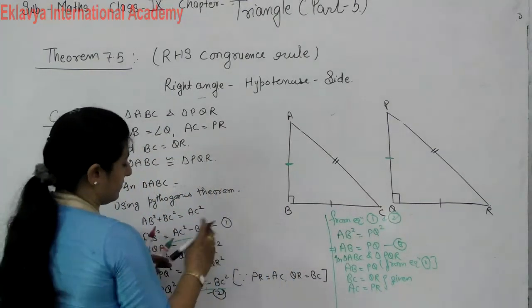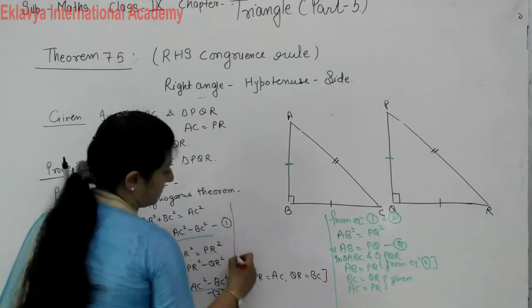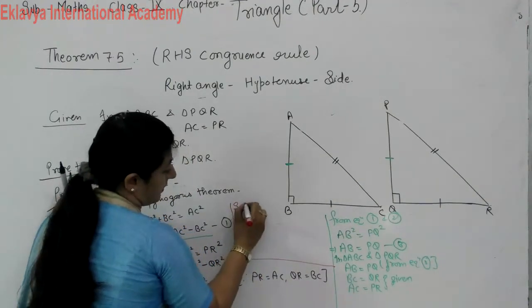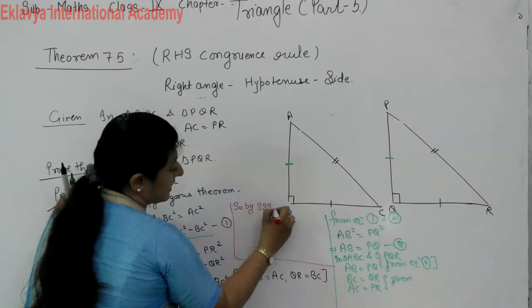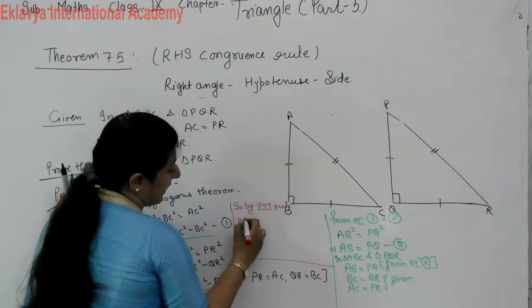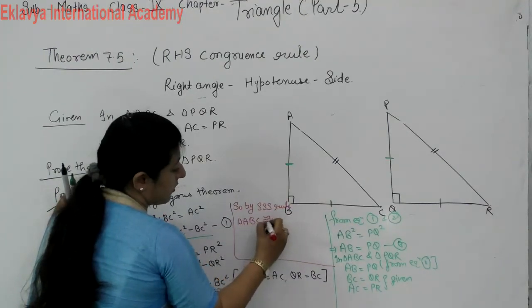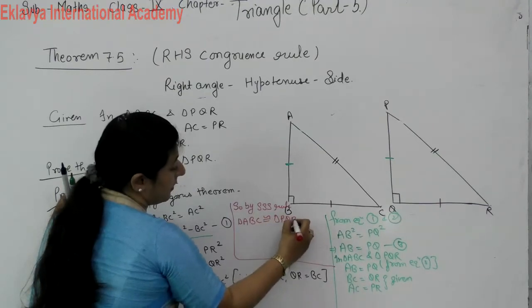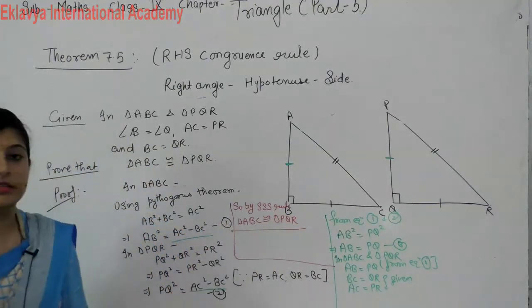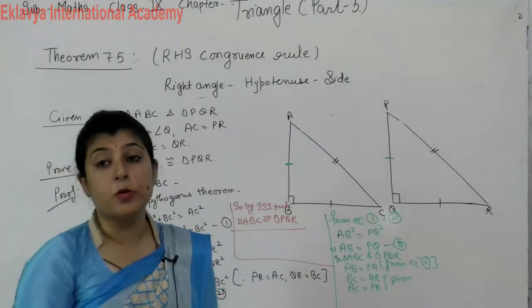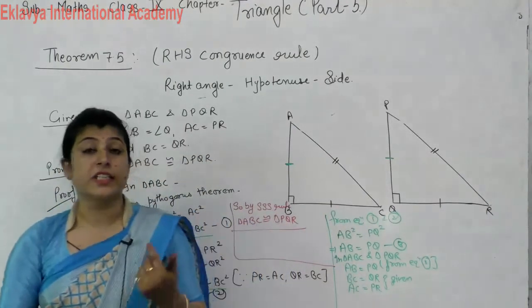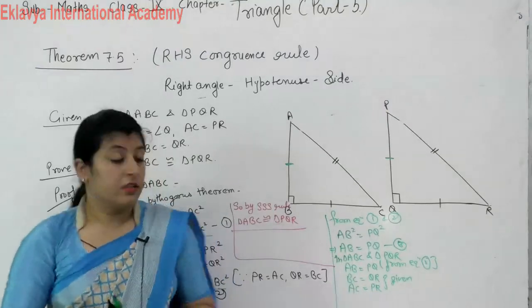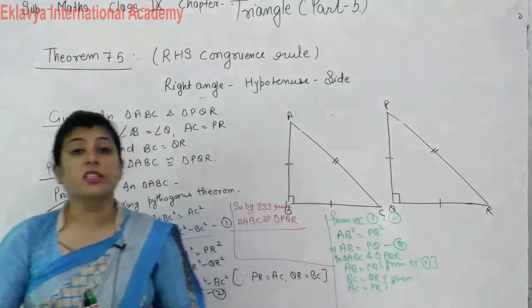So by triple S rule, triangle ABC is congruent to triangle PQR. So this time we will prove the RHS congruency rule using Pythagoras theorem.